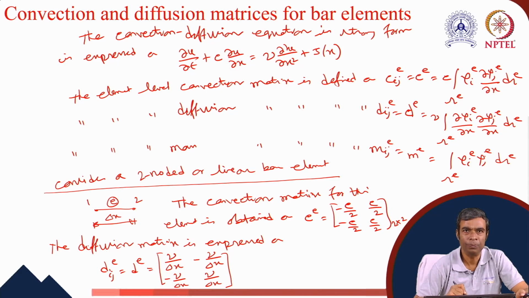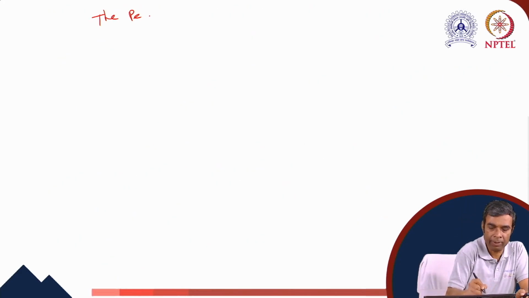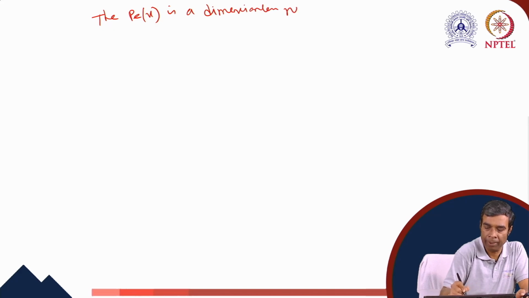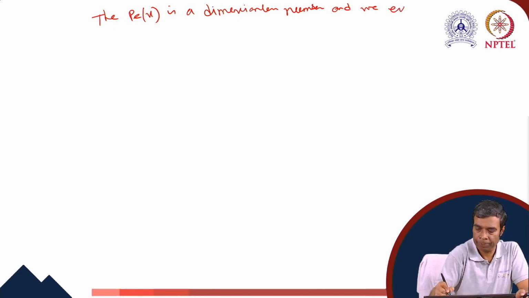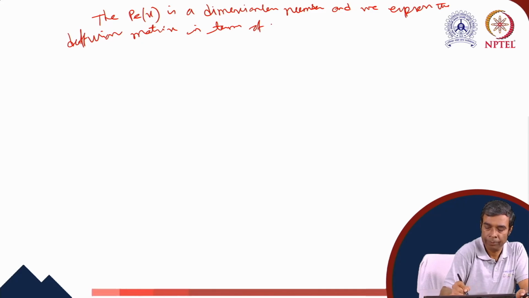Now we want to represent the diffusion matrix in terms of the dimensionless Peclet number. The Peclet number at the local level is a dimensionless number, and we express the diffusion matrix in terms of the cell Peclet number.